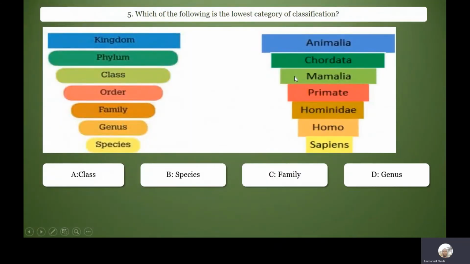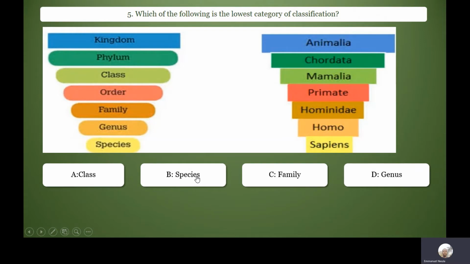Which of the following is the lowest category of classification? That is B, species. A species is a group of organisms that can mate to produce fertile offspring.